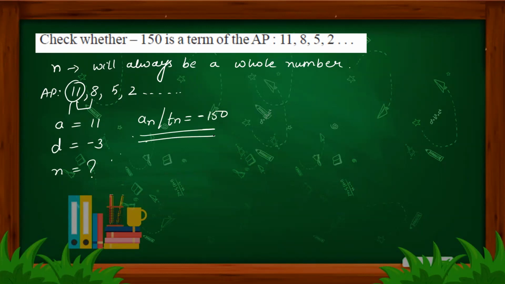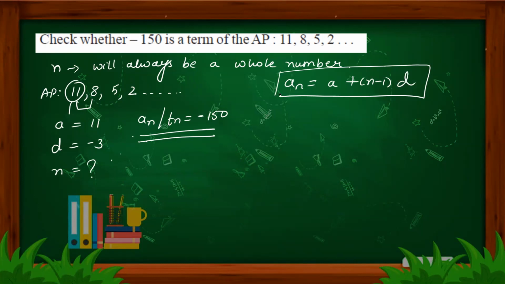Now put in the formula. AN is equal to A plus N minus 1 into D. Substitute the values. The value is minus 150 is equal to 11 plus N minus 1 into minus 3. I'll take this 11 over here. So now it is minus 161 equal to, I'll open up the brackets and multiply by minus 3.